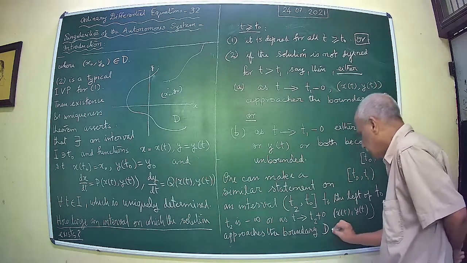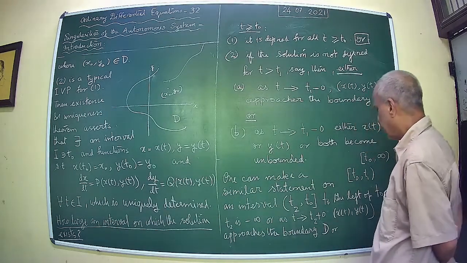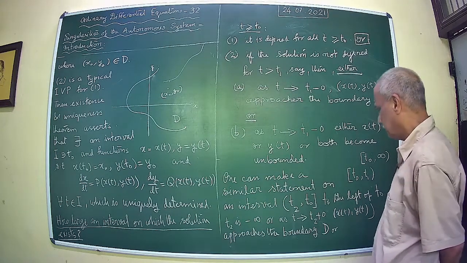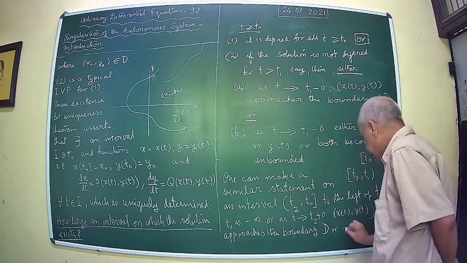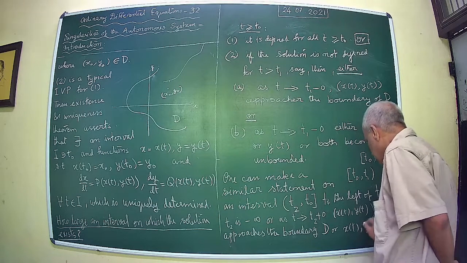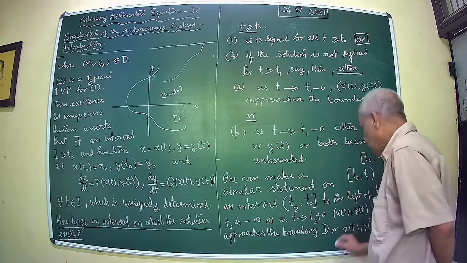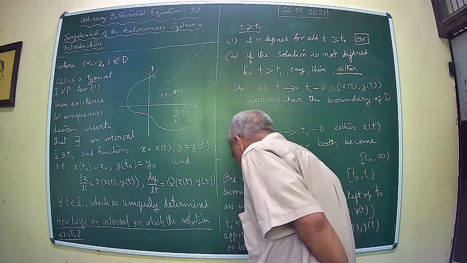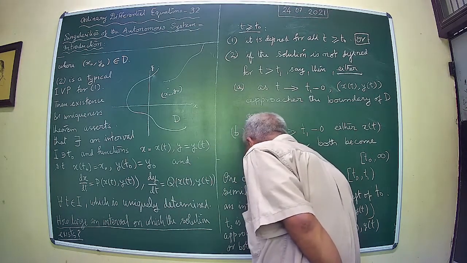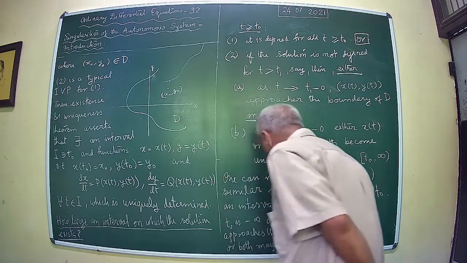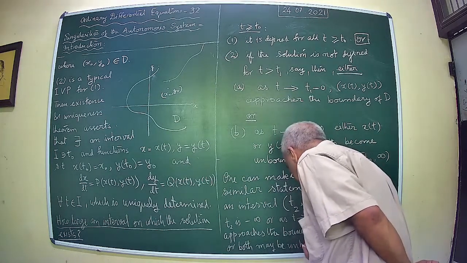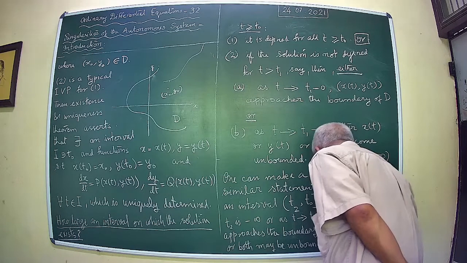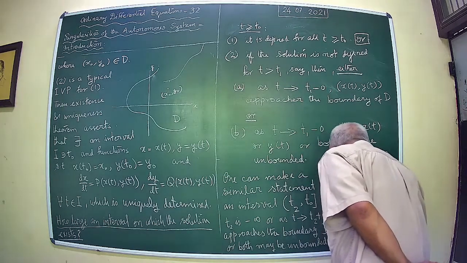or again the possibilities are x(t), y(t) or both unbounded as t approaches t2.